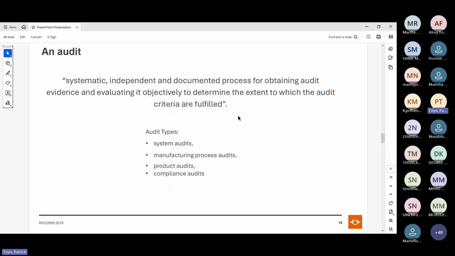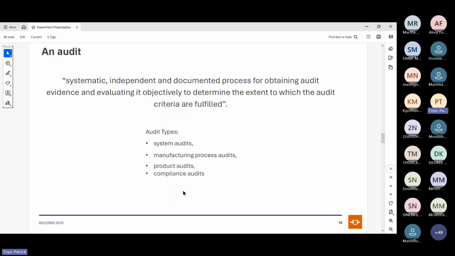You know that it is black, and then you objectively see it's black against the standard, which should have been white. And then the types of audits: systems audits, where you audit the system, the process, the product, or the compliance audits.